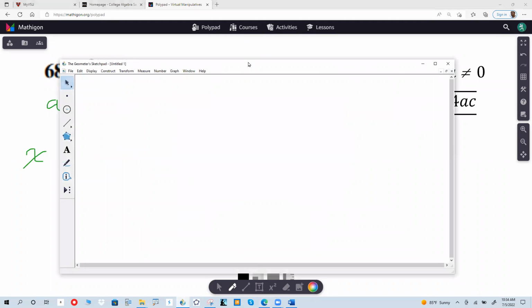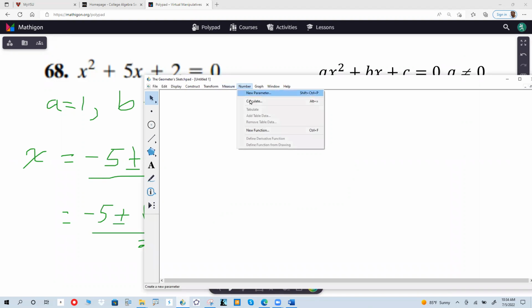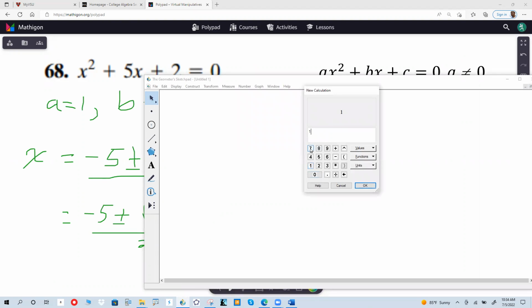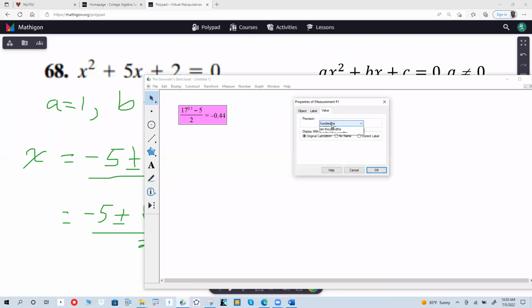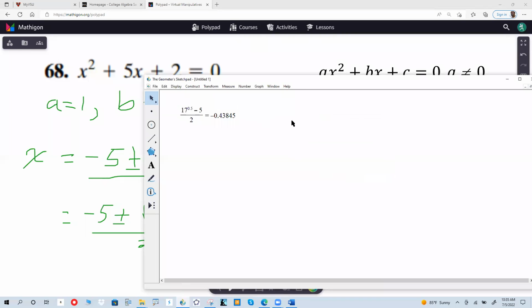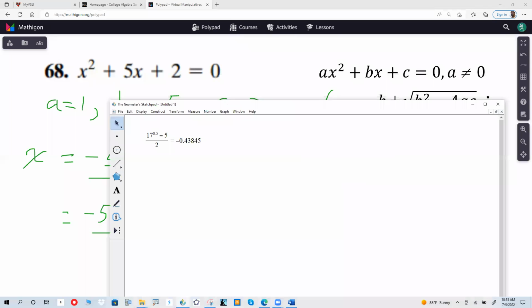So I'm going to first find just the positive value, minus 5 plus square root of 17, divided by 2. Square root of 17, you have your calculator, minus 5, divided by 2. I'm getting 0.44. Okay, that's negative 0.44. I'm going to put negative 0.44 instead of x right here.